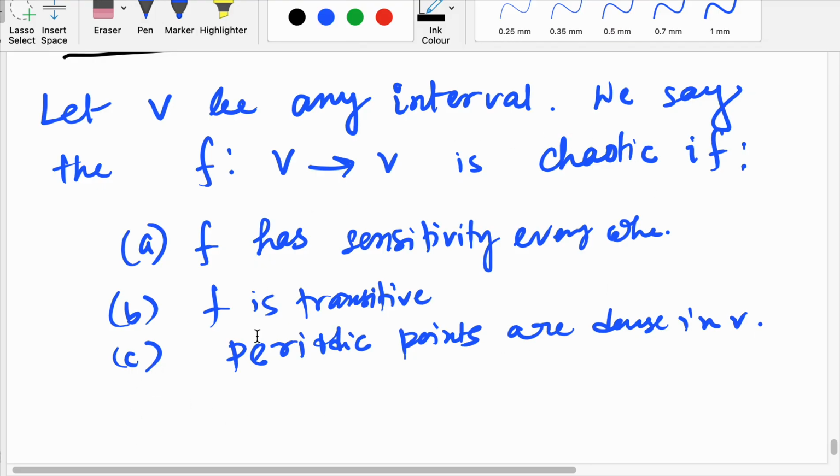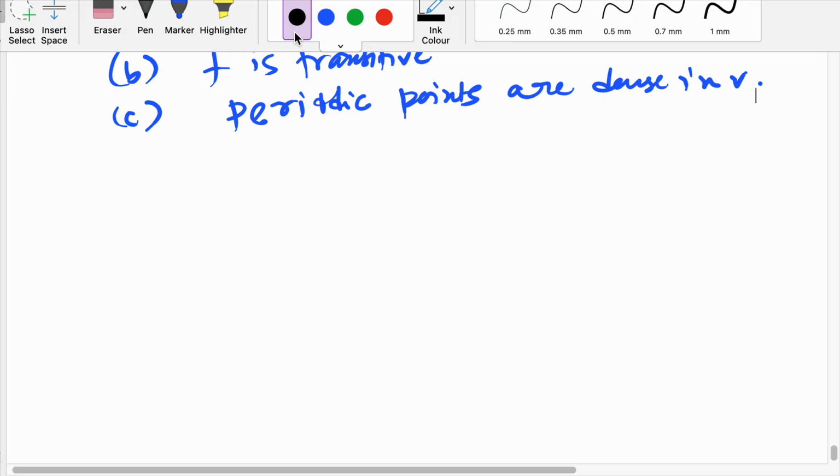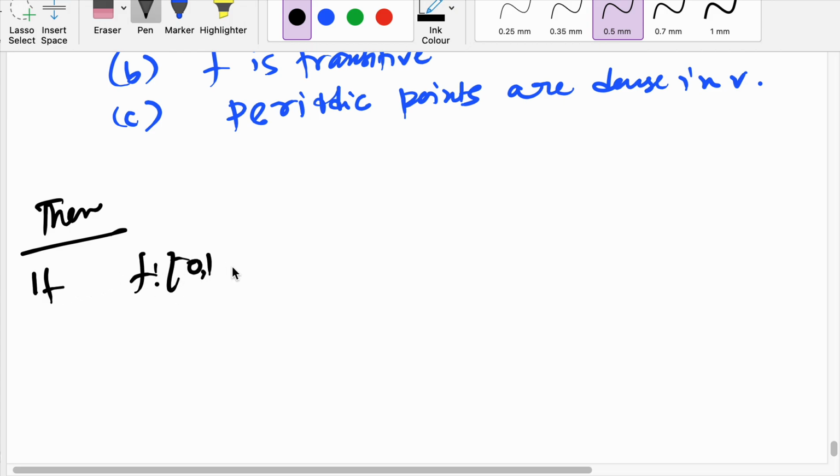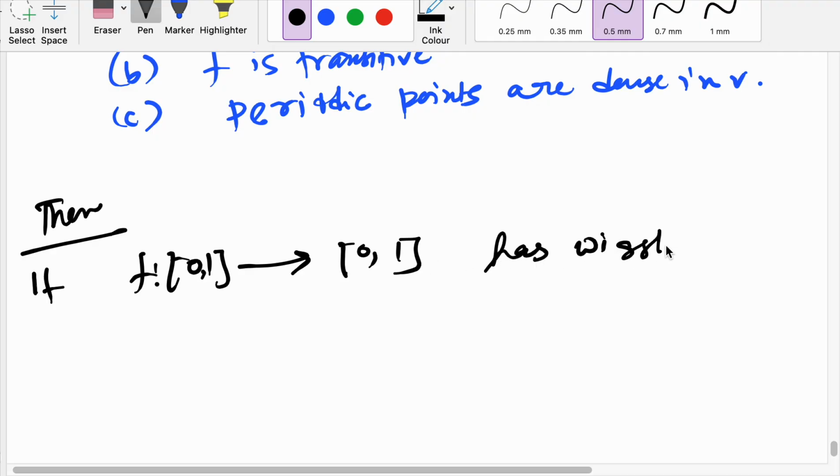That means any map which has wiggly iterates will be chaotic. So this is a theorem, a simple theorem, written in mathematical terms: if f is a compact map from the 0 to 1 interval into the 0 to 1 interval and has wiggly iterates, then f is chaotic.